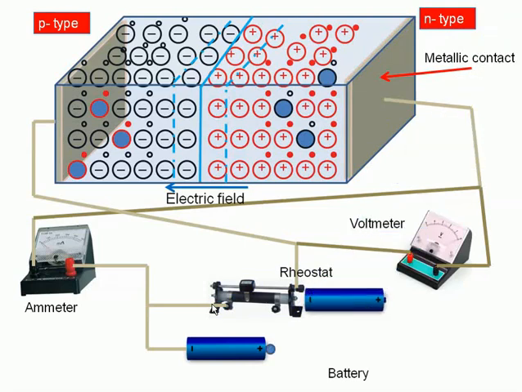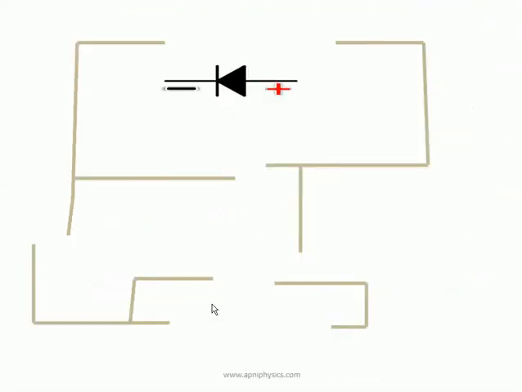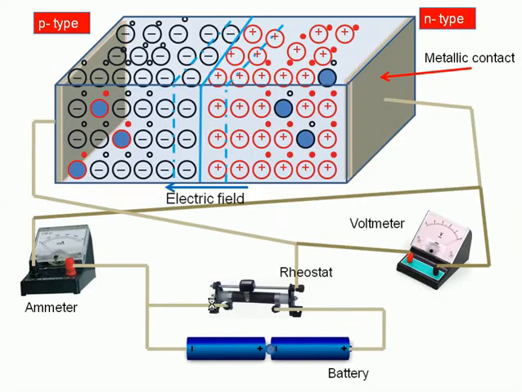This is our battery. Battery means we are connecting two cells in series. Right, so in this way you can see it. Here the depletion region reduces because of the forward biasing, and this surface is the metallic contact that is connected to the voltmeter and rheostat in this way.